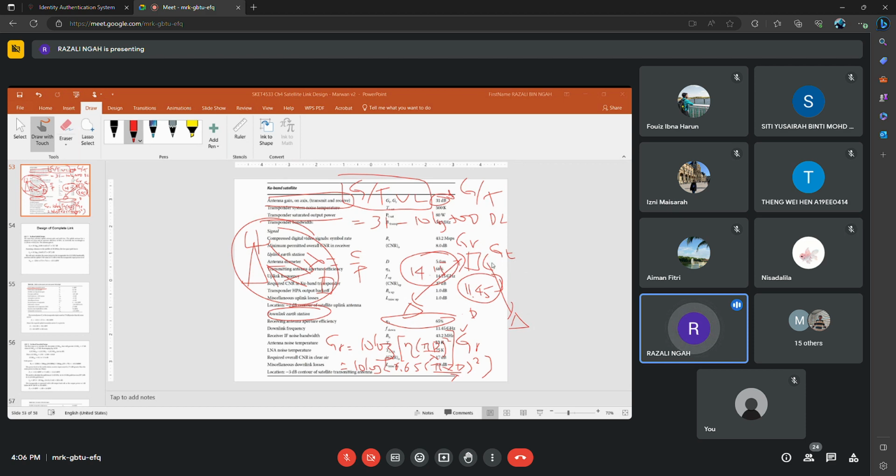Whereas for downlink, we have a limitation on having high GT and high PT, so we use a lower frequency that contributes lower path loss compared to the uplink path loss.